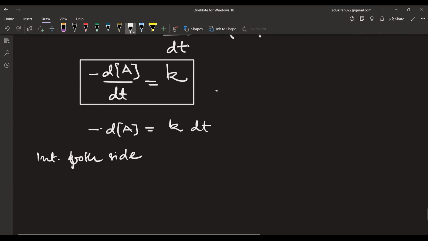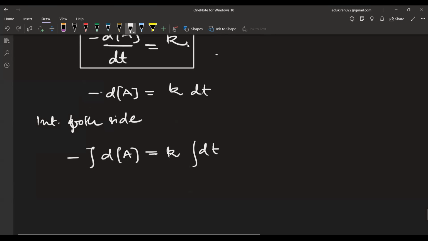What I'm going to get here is the integration of dA, taking the minus away, is equal to K, taking the constant away, times the integration of dt. Integration and differentiation cancel each other, so I will get minus A, because the minus is there. Minus A is equal to K, and from dt I will get only t.